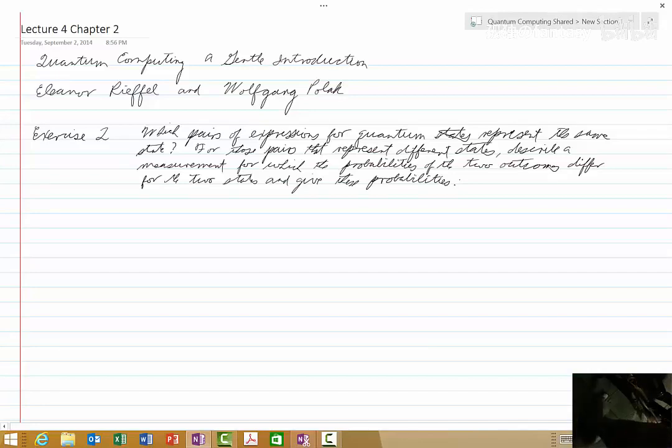Now, if you look at this problem in the book, you see that there are many different pairs that the book wants you to consider. It has parts A through J, so quite a large number. And I want to do one or two of these to illustrate the idea, and then hopefully after that you can do some others for our quiz.